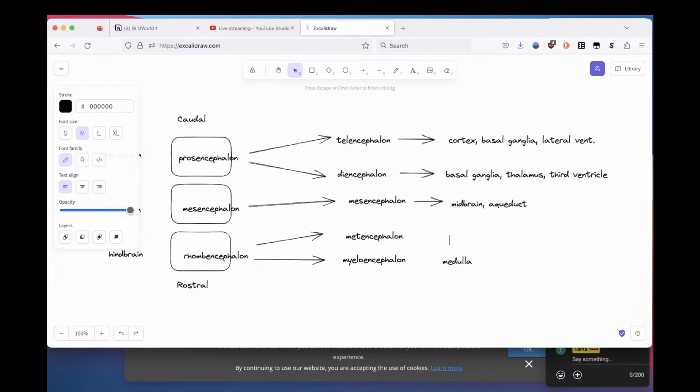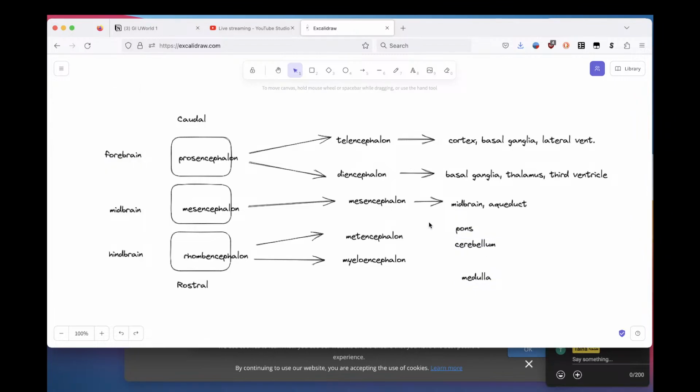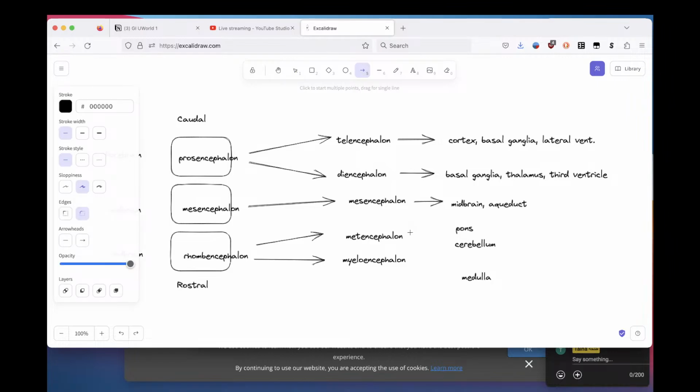The metencephalon is going to become the pons and the cerebellum. And then, of course, the fourth ventricle is going to be made from different parts of these. And then let me get the arrows. So from the metencephalon, we get pons and cerebellum, and from the myelencephalon, we get the medulla.